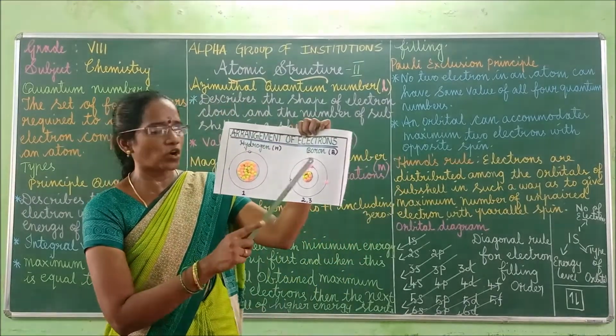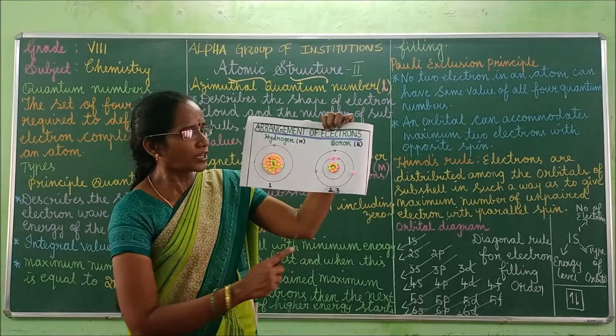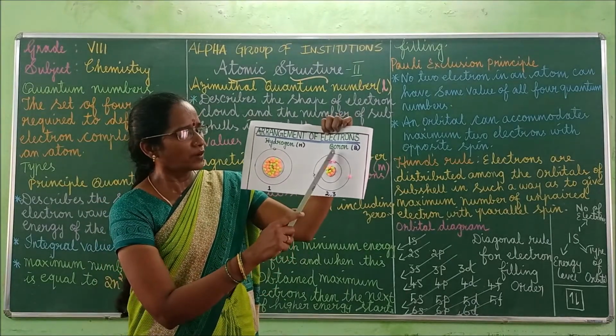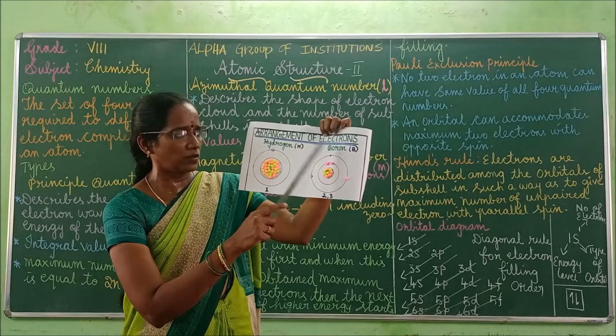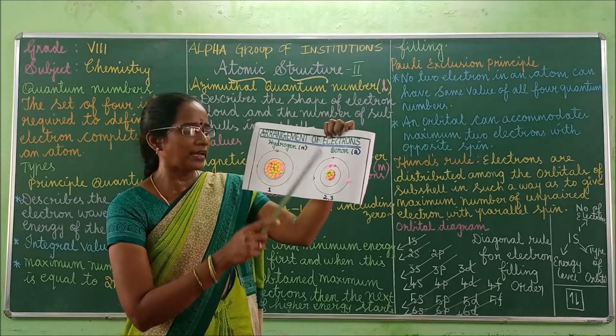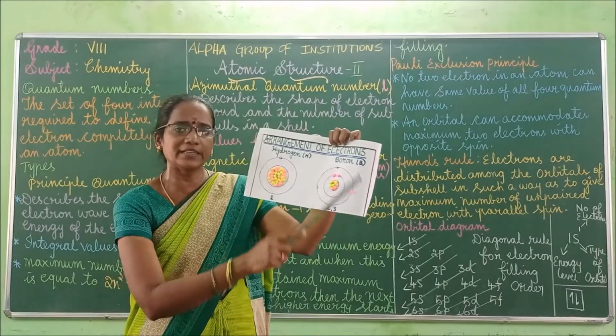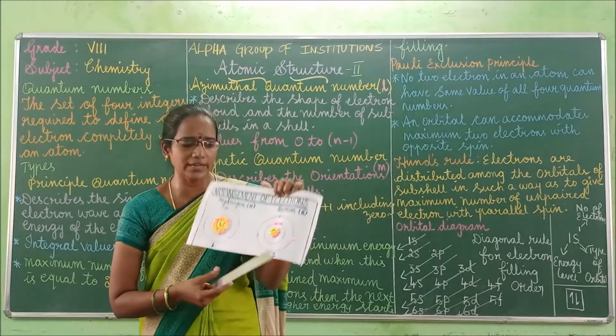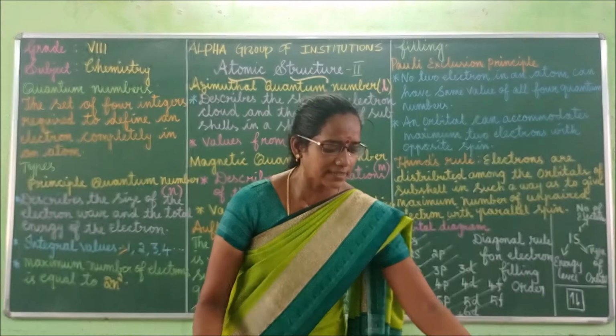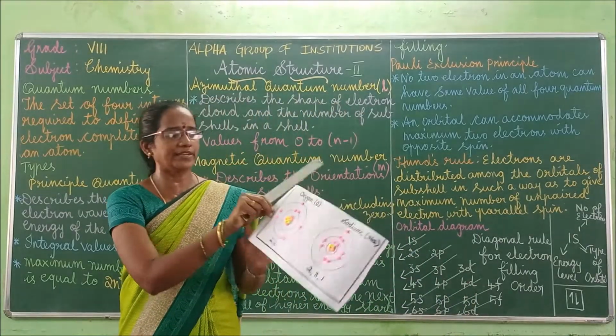So for this boron element, this is the outermost orbit. So what is the valence number of boron element? It is 3, because 3 electrons are present in the outer shell. Got it?